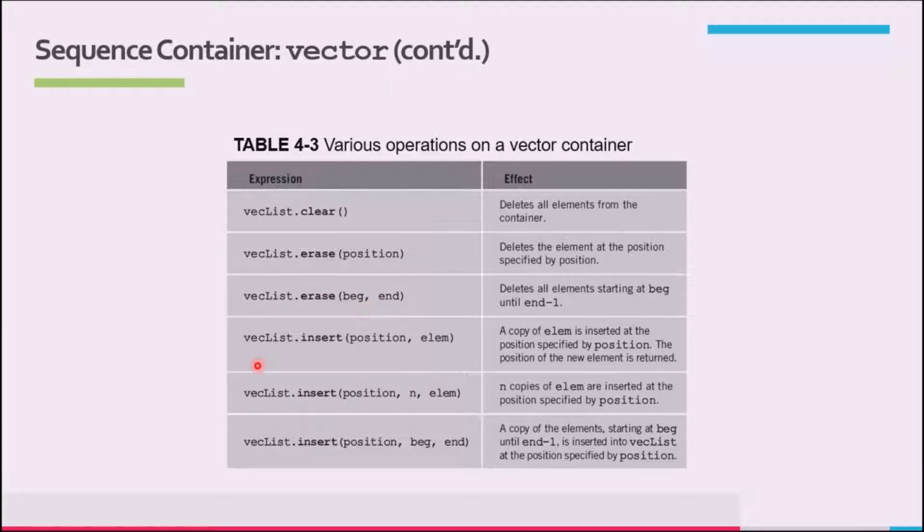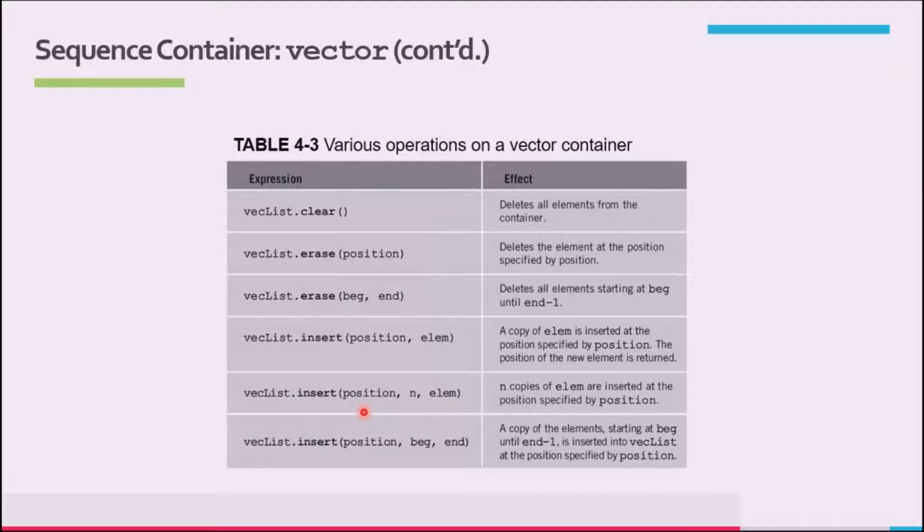Same thing with vecList.insert(position, elem). A copy of the element is inserted at the position specified, and the position of the new element is returned. For the next expression, vecList.insert(position, n, elem), n copies of the element are inserted at the position specified.